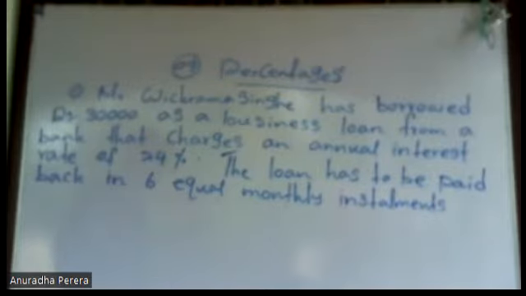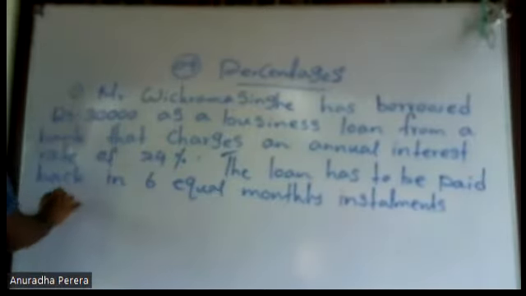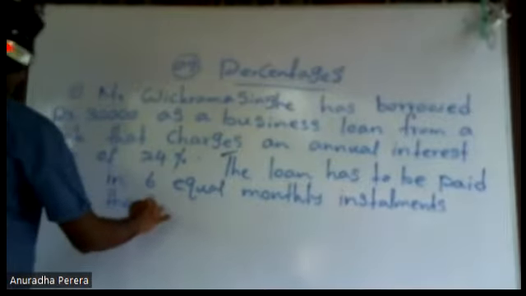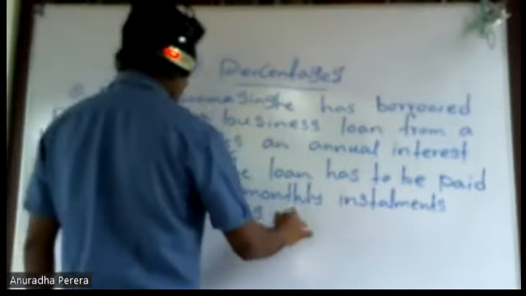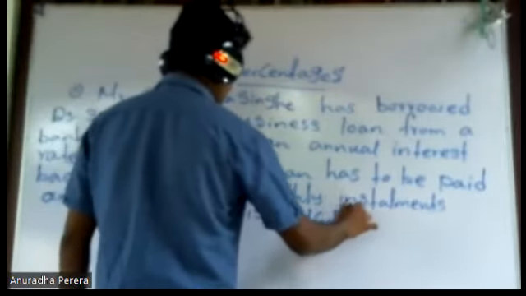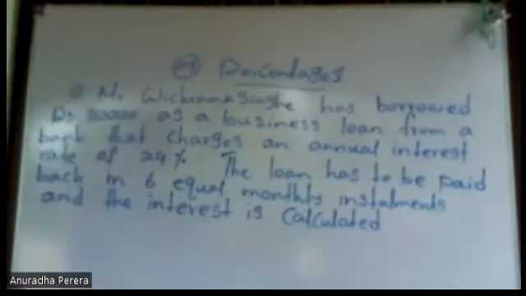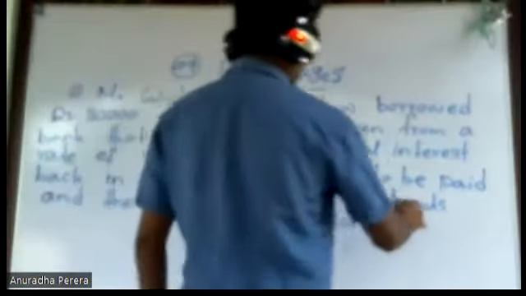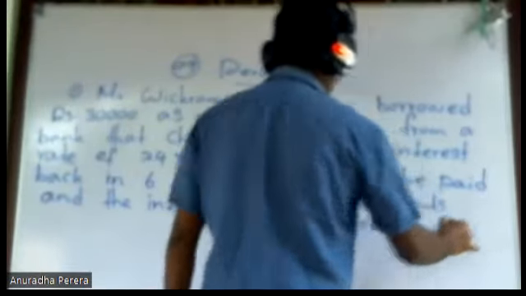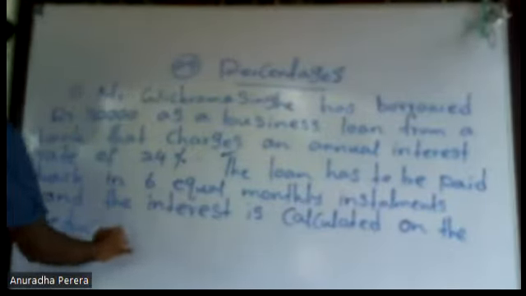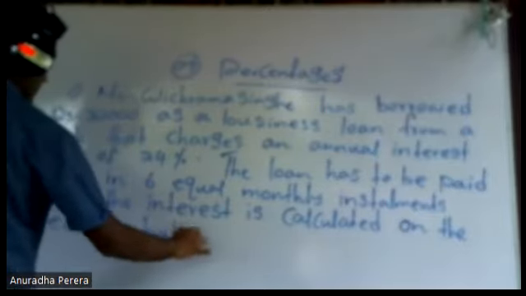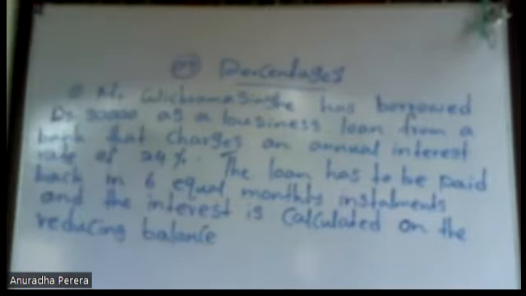In 6 equal monthly installments, and the interest is calculated on the reducing balance.